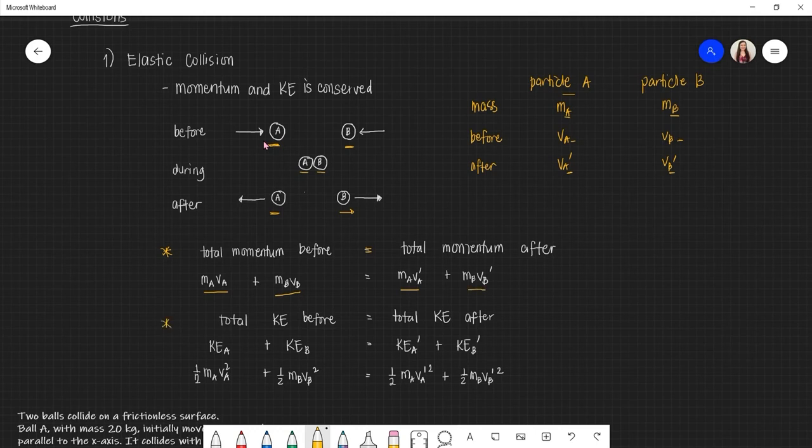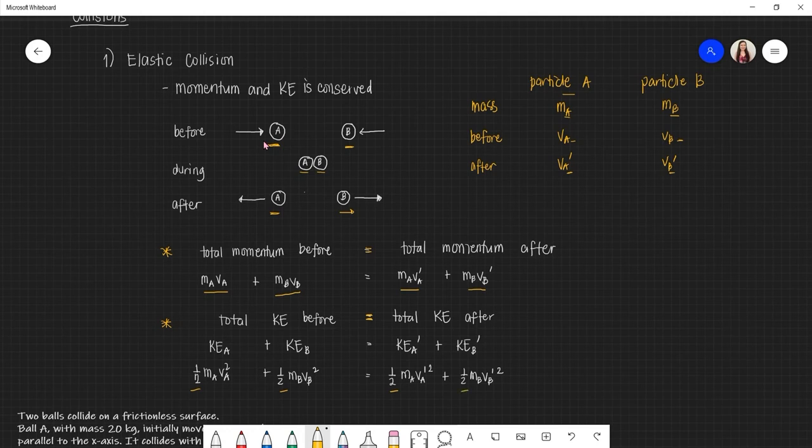Also, the total kinetic energy is conserved. So the total kinetic energy before the collision is equal to the total kinetic energy of the two particles after the collision. So 1/2 MAVA squared plus 1/2 MBVB squared equals 1/2 MAVA prime squared plus 1/2 MBVB prime squared.